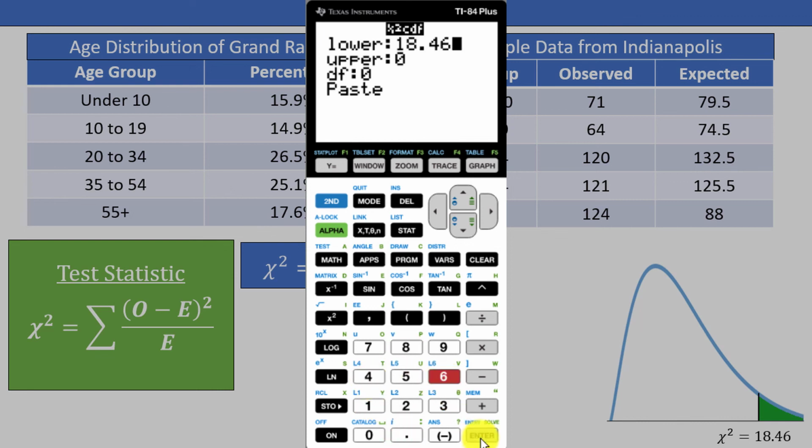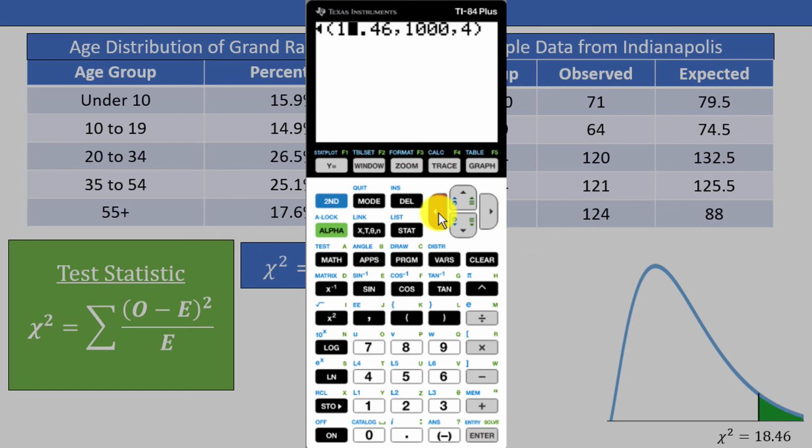The upper bound of the shaded region is, well, technically there is no upper bound. The shaded region goes on forever in the positive direction to infinity. But if we put 1000 here, that is plenty large enough for our calculator. The degrees of freedom are 4, as we already stated. Press enter over paste, and you will see the function output.